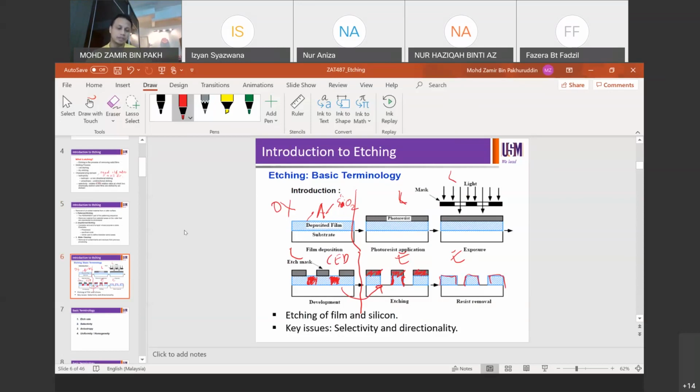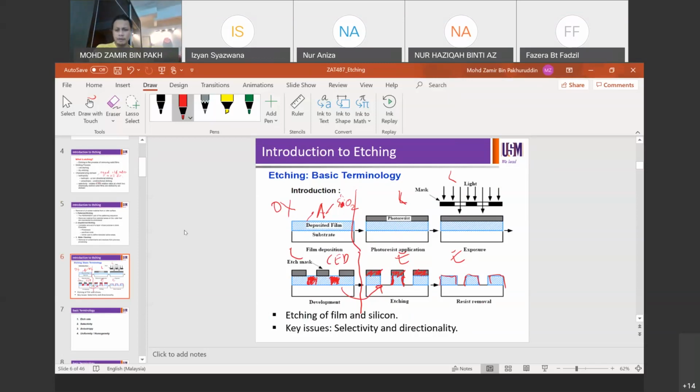So this is how you can pattern your oxide or your other layers. You need to have your resist on first in order to define the areas to be removed, and then the open areas will be etched in the etch process, and then the resist will eventually be removed because it's just an intermediate stage for you to do the etching process.